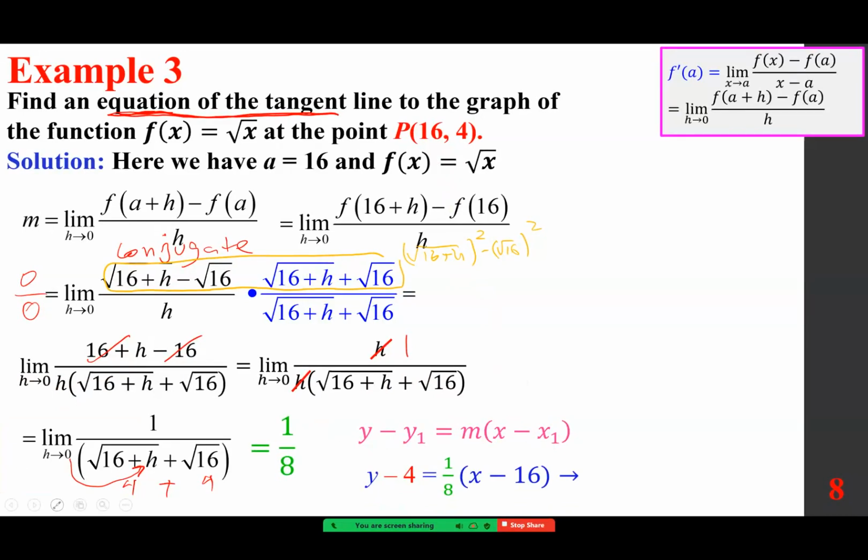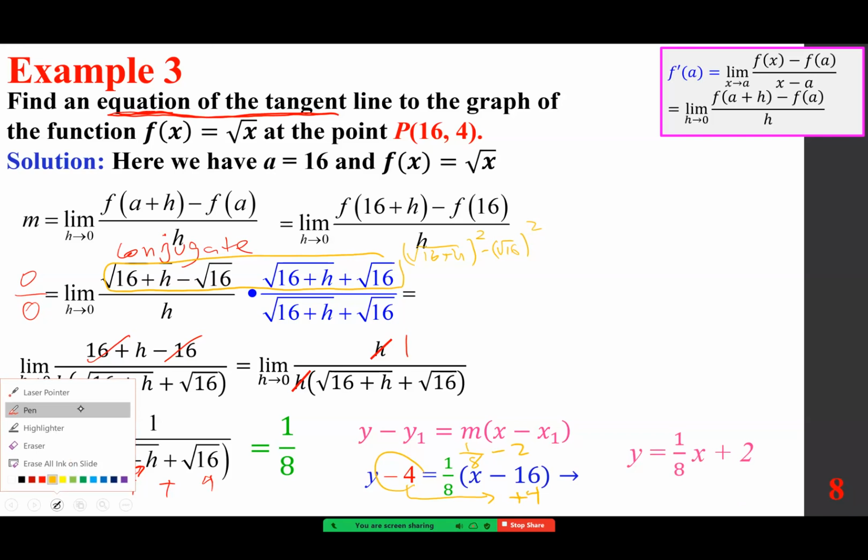So the right side, everybody, is 1 over 8 times x minus 16 over 8, or 2. And this moves, becomes positive 4, combines with negative 2. The final answer is y equals 1 over 8 x plus 2. This is the equation of a tangent line.